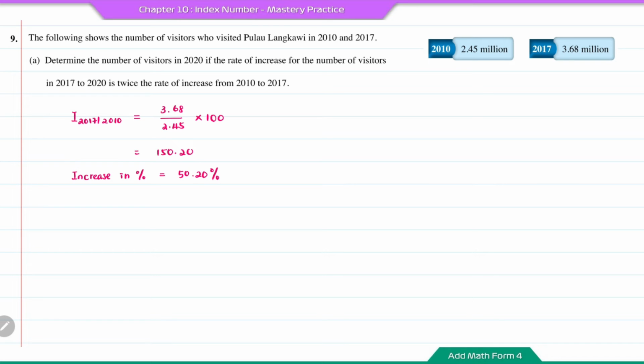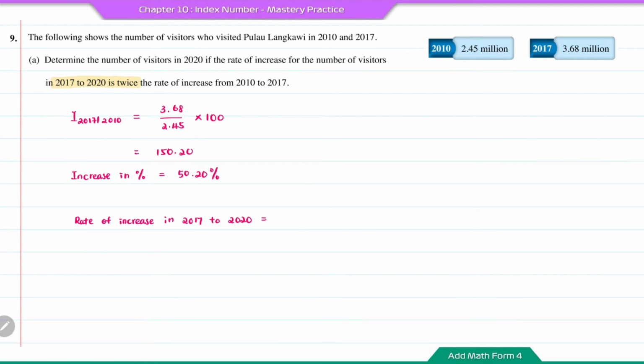This means the increase in percentage will be 50.20%. As the rate of increase in 2017 to 2020 is twice the rate of increase from 2010 to 2017, this will equal 50.20% times 2, which is equal to 100.4%.